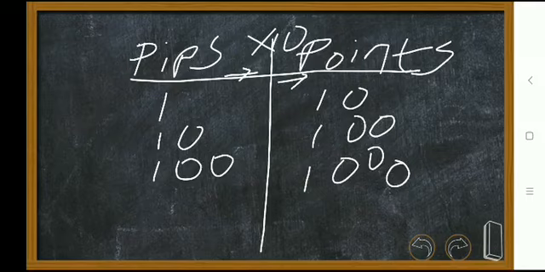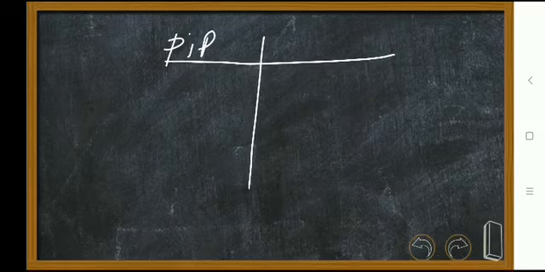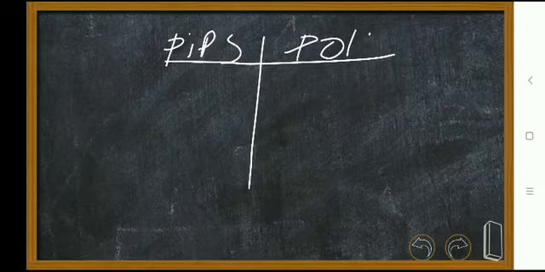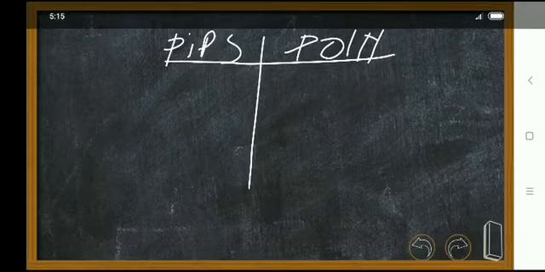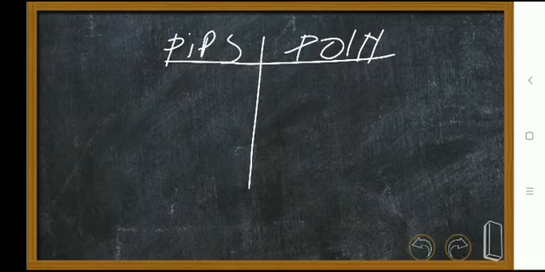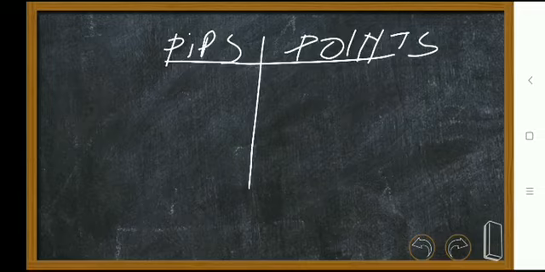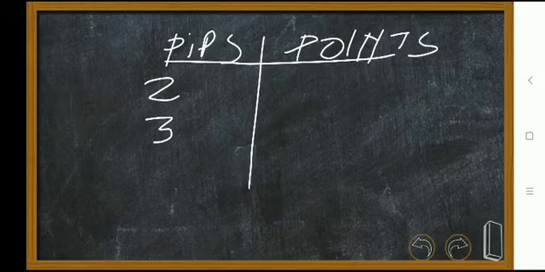So let's please figure out the answers before you actually see them on the screen, so that it shows that you have an understanding. Let's say we have 2 pips, 3 pips.